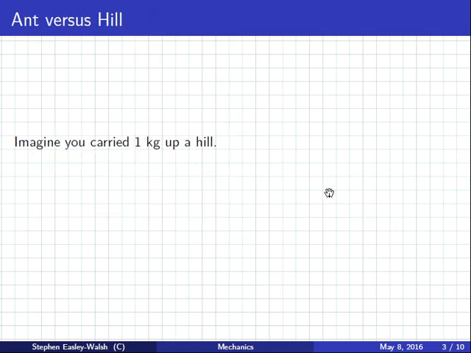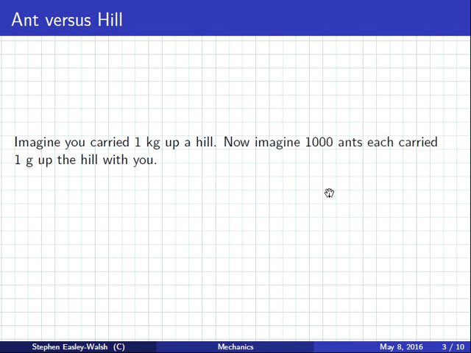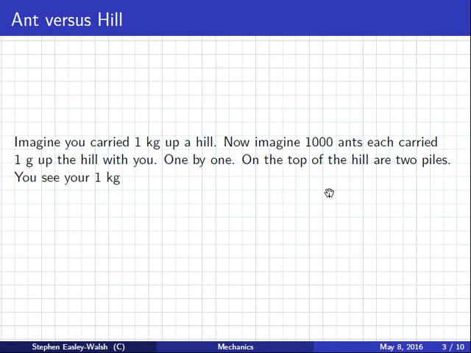So imagine you carried 1 kilogram up a hill, and now imagine 1,000 ants, little insects, each carry up 1 gram, one by one. And on the top of the hill there are 2 piles, your kilogram and the ants' kilogram.